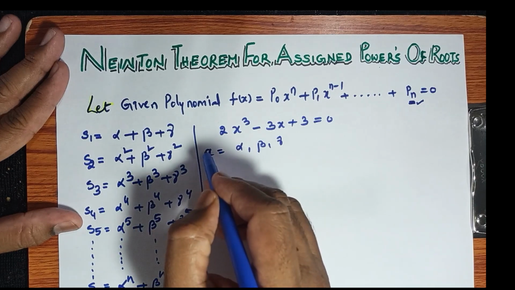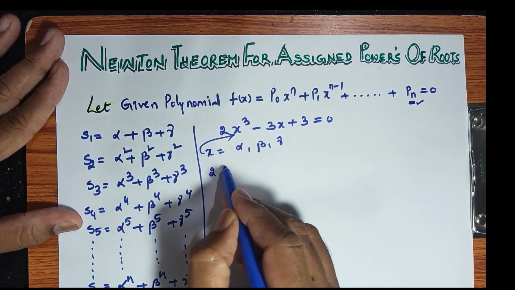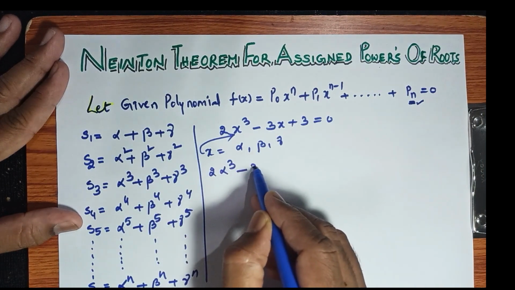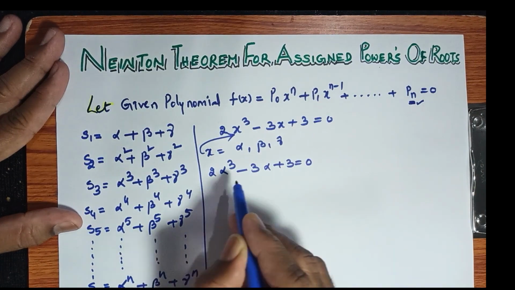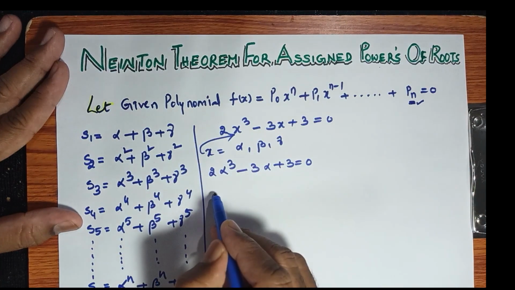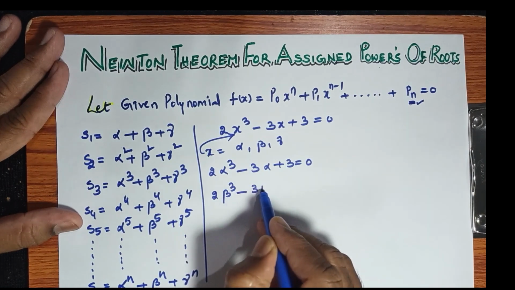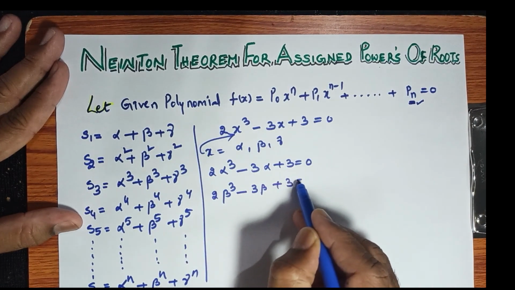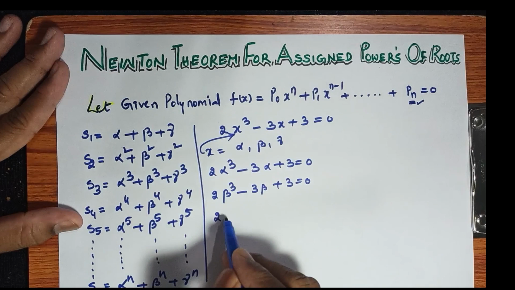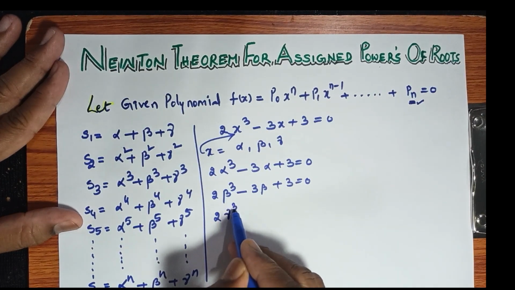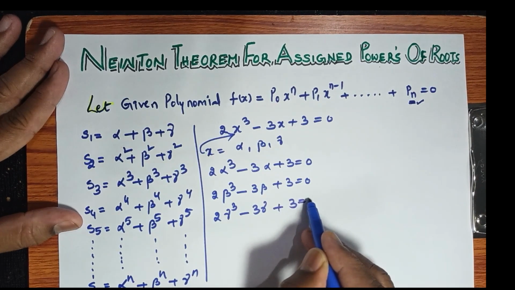If x is equal to alpha, replacing x by alpha, this equation becomes 2 alpha cube minus 3 alpha plus 3 is equal to 0. If x is equal to beta, then 2 beta cube minus 3 beta plus 3 is equal to 0. And if x is equal to gamma, replacing x by gamma, then 2 gamma cube minus 3 gamma plus 3 is equal to 0.